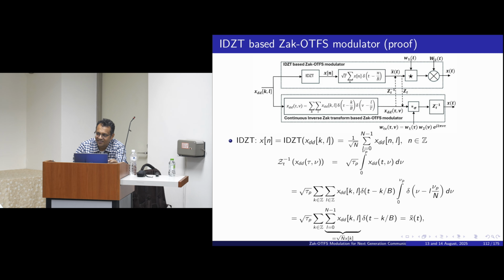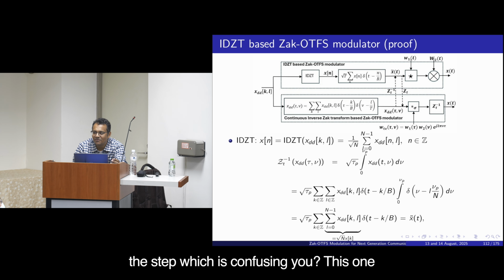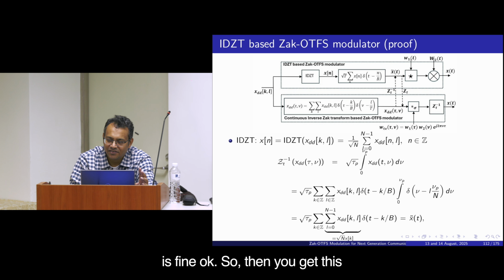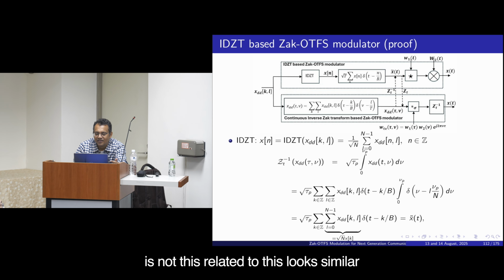Not okay? Not sure why? Which is the step which is confusing you? This one is fine. Okay. So then you get this step, right? But what is this? If you look at this part here, isn't this related to this? Looks similar, right?